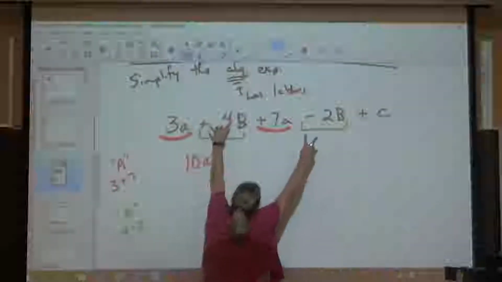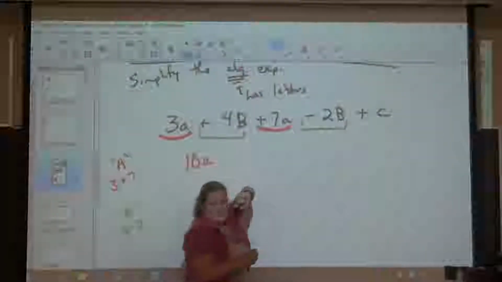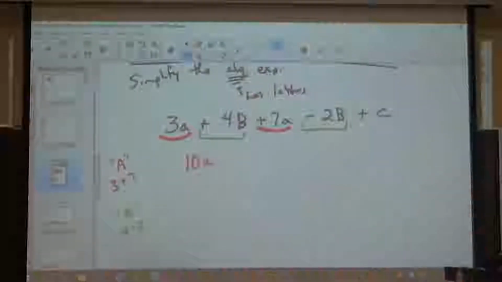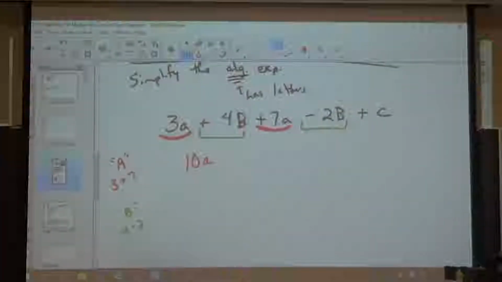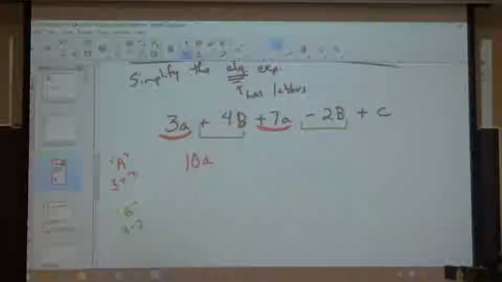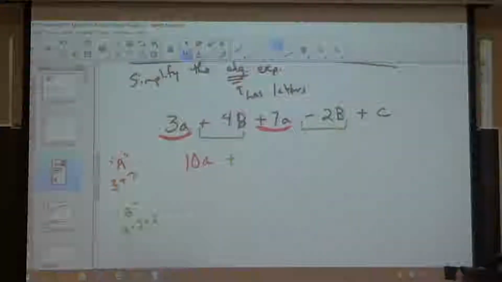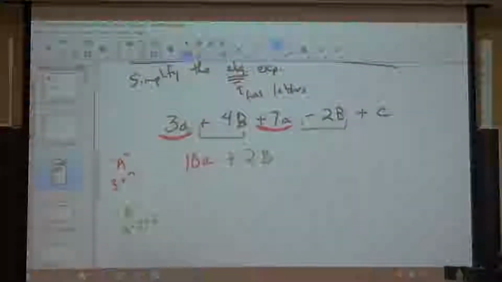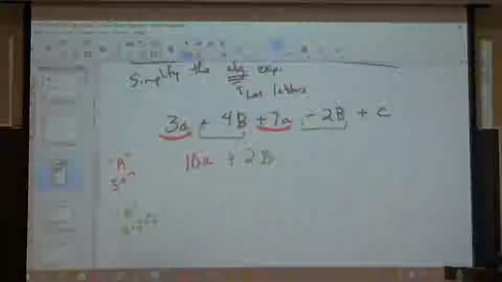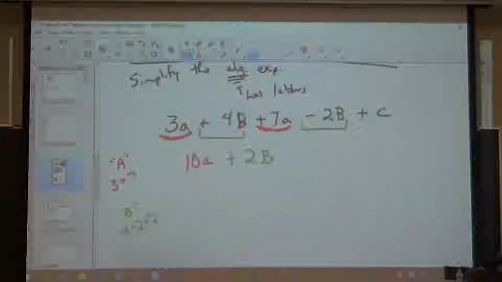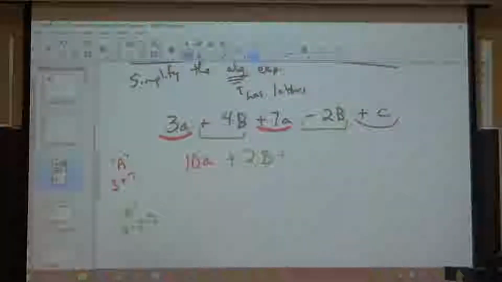So 4 bananas minus 2 bananas is going to give me 2 bananas. But I have to attach the answers like a choo-choo train. So because my answer is 2, I put positive 2 bananas to attach them, because that's a positive answer. Now, this is my only carrots.